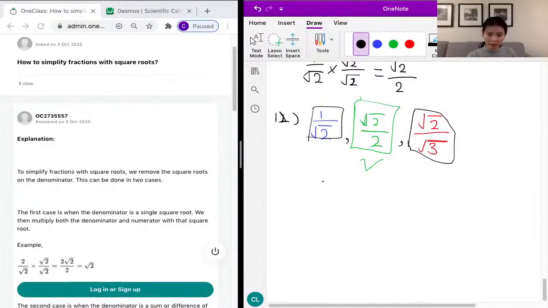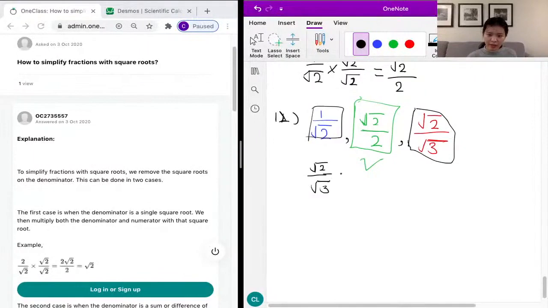So how do we do the simplification? Well, again, we just multiply. For example, let's simplify root 2 over root 3.